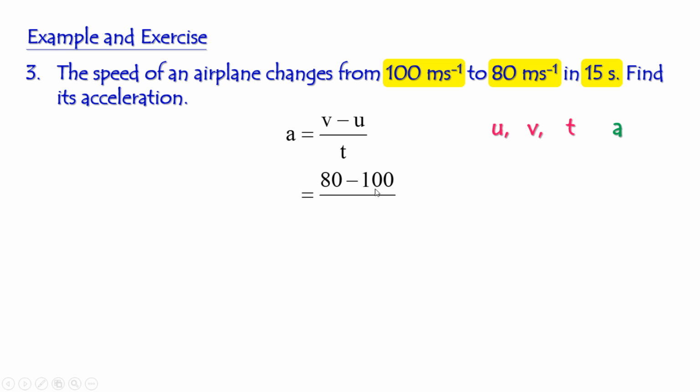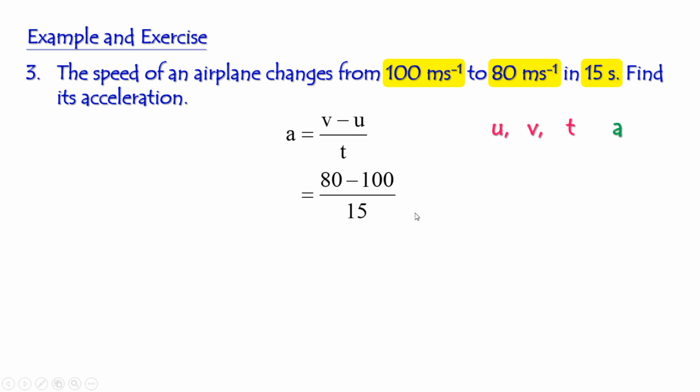In the past, many students made mistakes in this part. They feel uncomfortable writing 80 minus 100. They will use 100 minus 80, but it is not correct. So it should be 80. This one is the final speed, and 100 is the initial speed. Is it okay? And the time is 15.